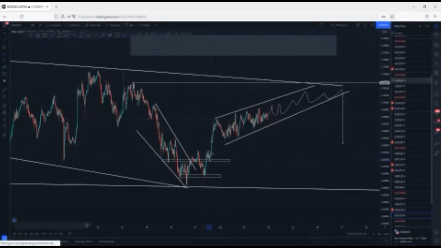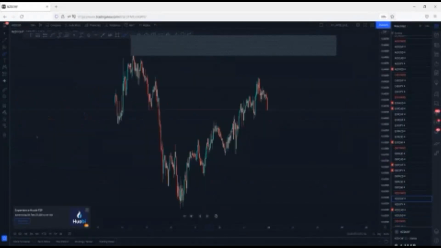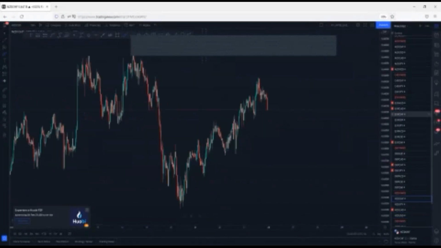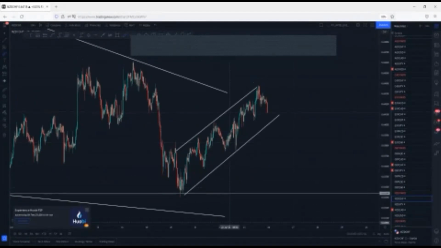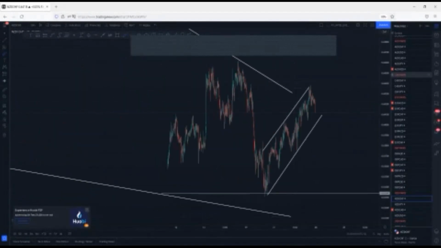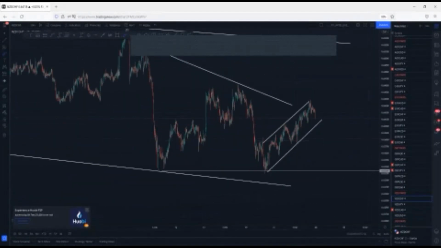Let me check another one. I will just pick a random pair, any pair. Even here, you see, it made an inverse head and shoulder pattern. It happens every time.